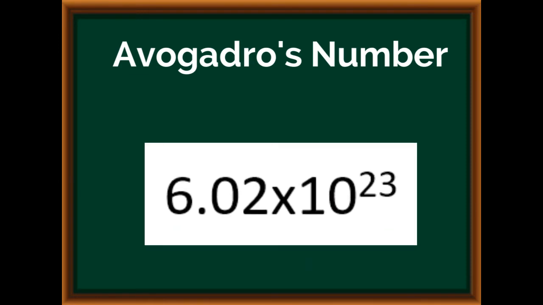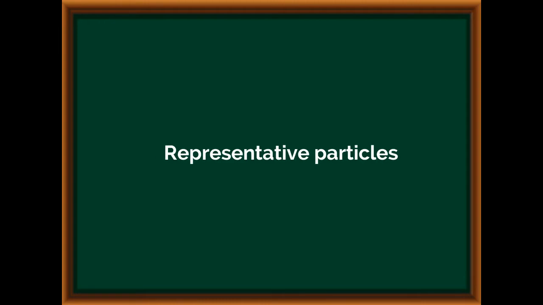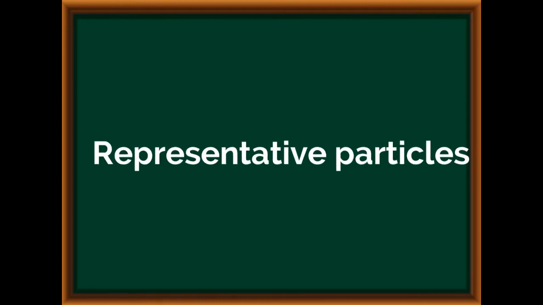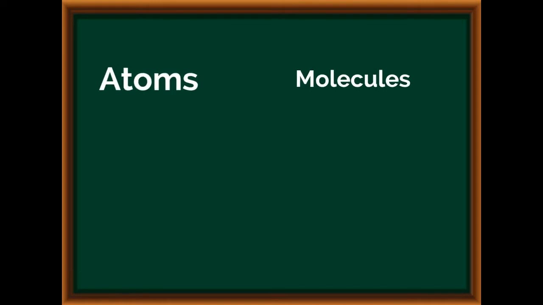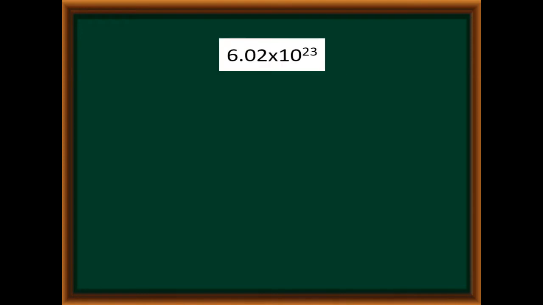Avogadro's number is the number of representative particles in a mole, which is equal to 6.02 times 10 to the power of 23. Moles can be used to count representative particles. The representative particles can be atoms, molecules, ions, and formula units.